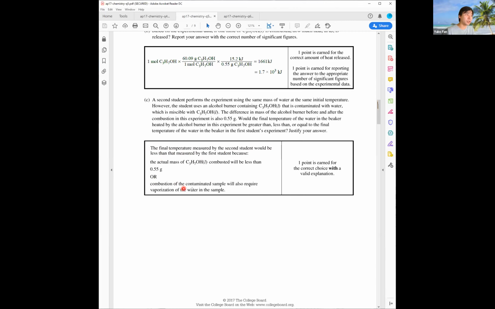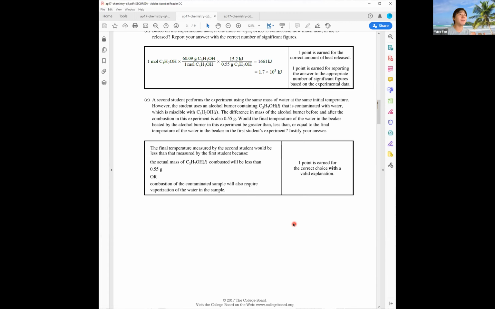The combustion of a contaminated sample will also require vaporization of the water in the sample. So that means when you burn isopropanol contaminated with water, the water within the isopropanol will be vaporized. The vaporization itself needs some heat, and the heat is from the combustion of isopropanol.